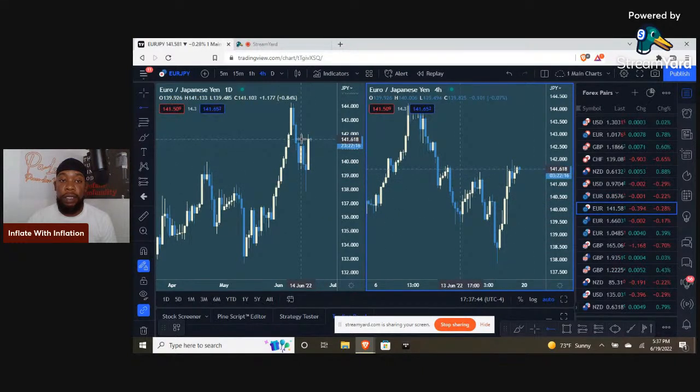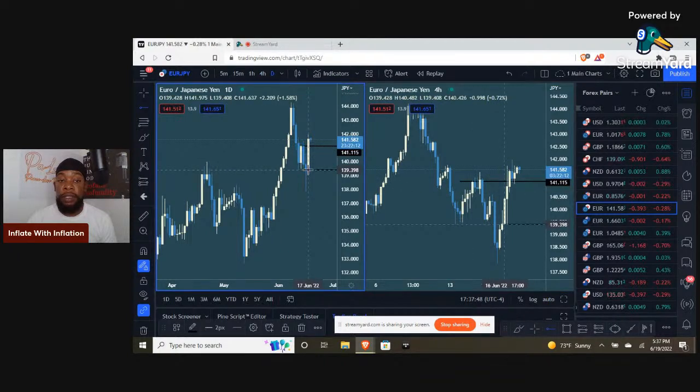Now, this right here is important because as of right now, they're still selling. This hasn't turned into a buy because this candle is open. So we're going to let this run up because it could very well come back down. But as of right now, euro is selling until this candle closes, which will be tomorrow. But we can't wait till tomorrow. So as of right now, euro is selling, yen is buying.